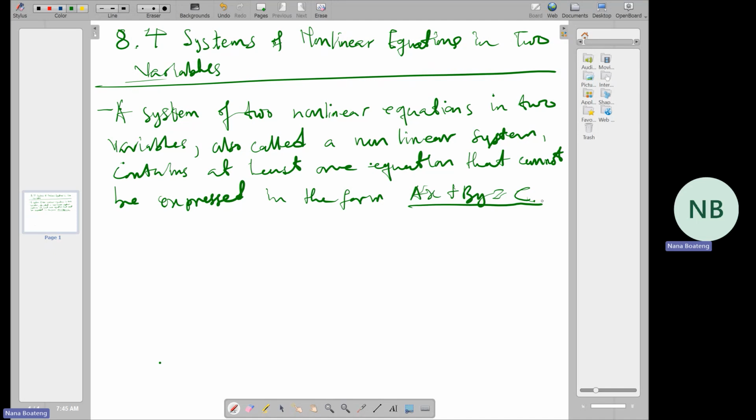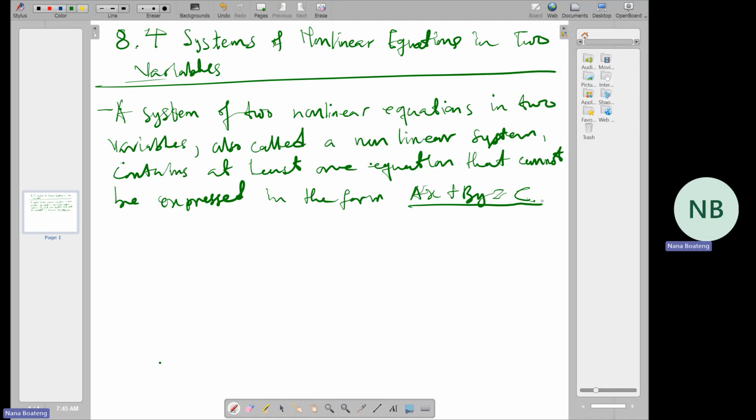Just like we found with systems of linear equations, the solution is at the point where the graphs of the equations intersect.